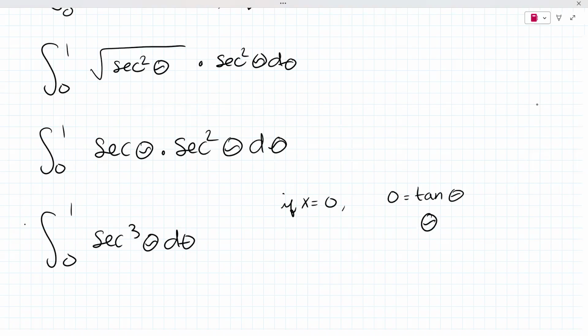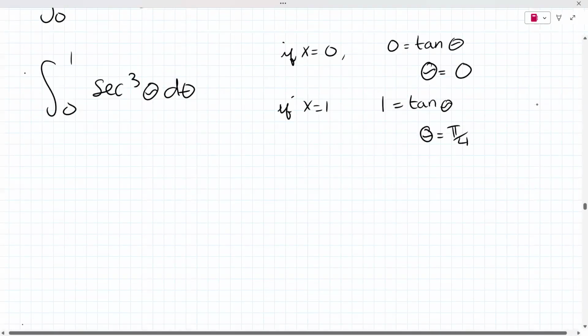Theta is going to be 0. And if x equals 1, that's really saying 1 equals tan theta. So what angle in radians is going to give you a tangent of positive 1? That's pi over 4. Okay, so we just changed our boundary. So it's now going to be from 0 to pi over 4.